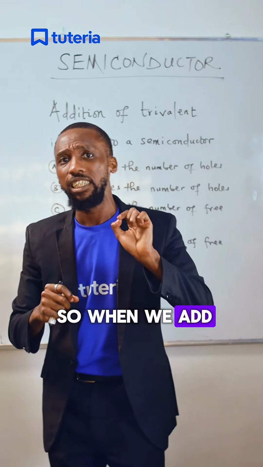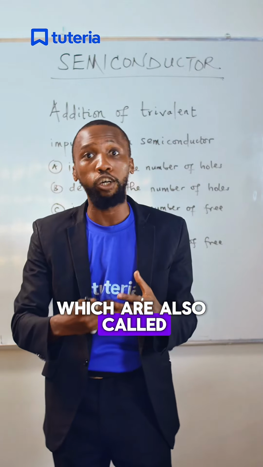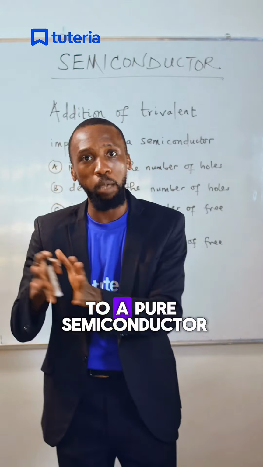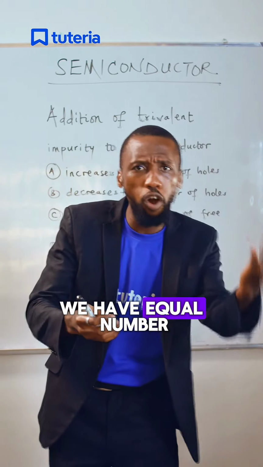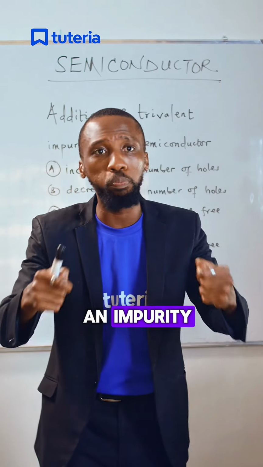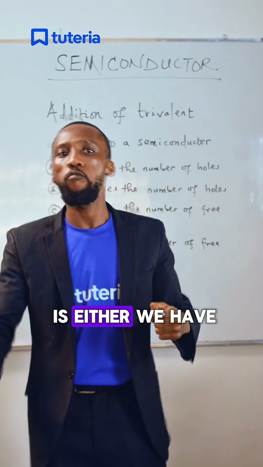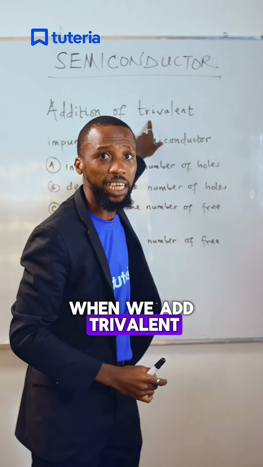So when we add trivalent atoms or trivalent impurities, which are also called acceptor atoms, to a pure semiconductor, when we have a pure semiconductor, we have an equal number of holes and free electrons. But immediately we add an impurity, we have either more holes or more free electrons. When we add trivalent, what are the trivalent ones?